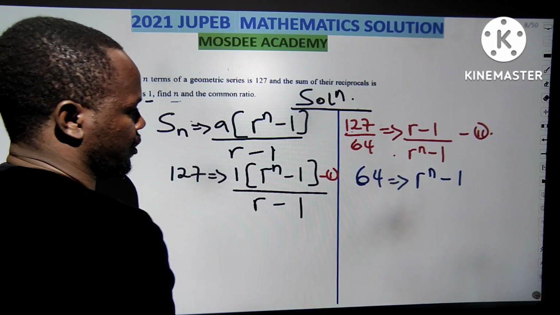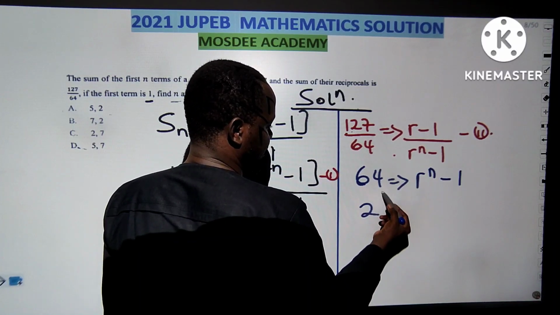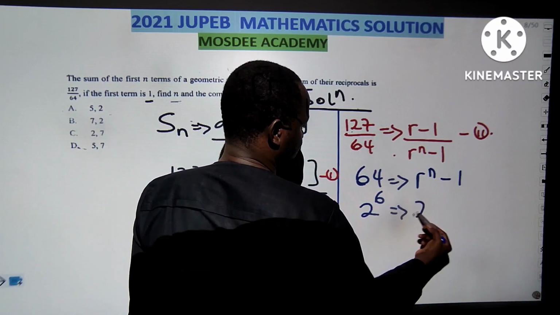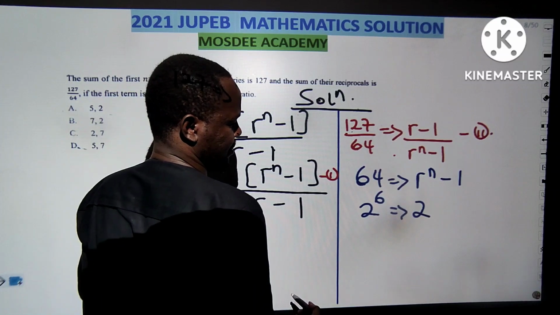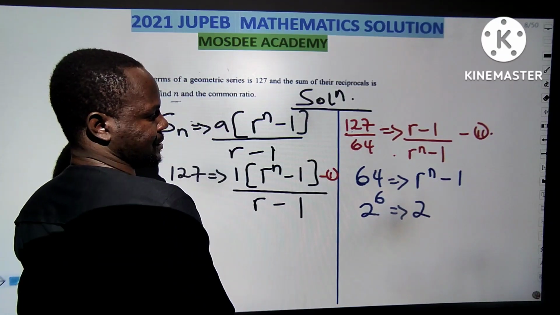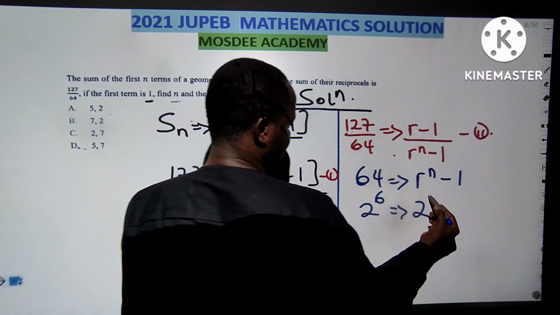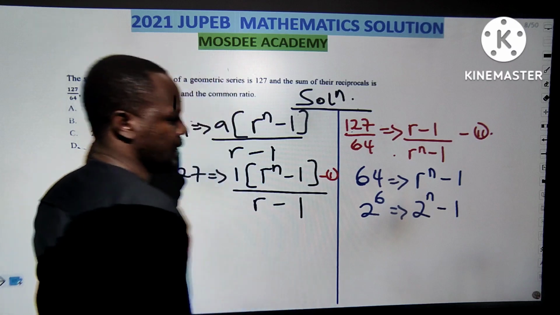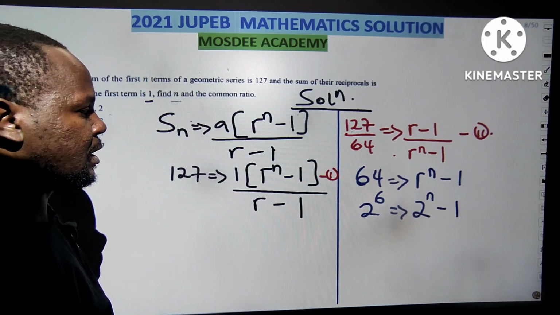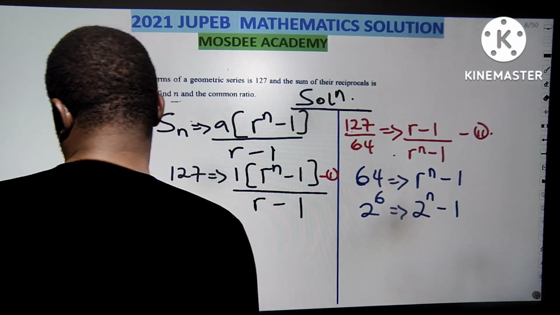Now if I substitute, 2 raised to power 6 equals 2 raised to power n minus 1. If I say R is equal to 2, no, that's a mistake.